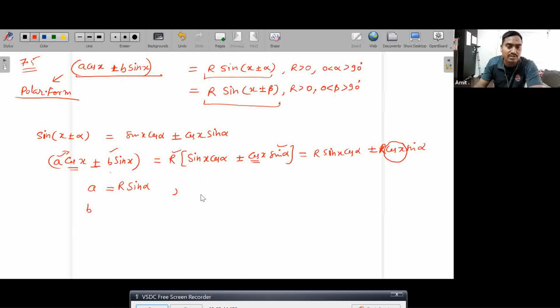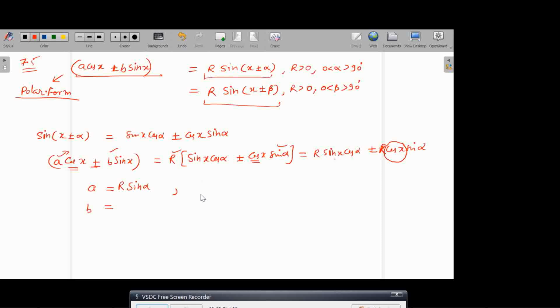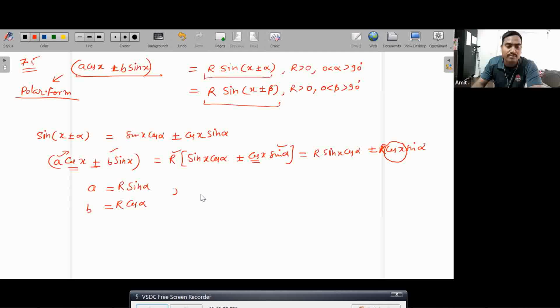So a is equal to r sin alpha. In a similar fashion, b is equal to r cos alpha.